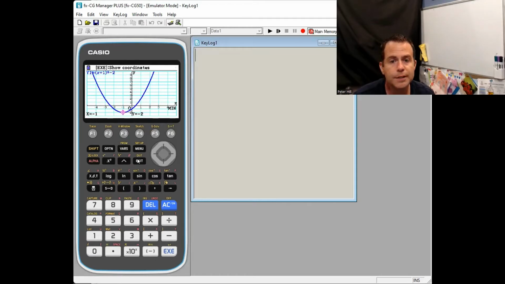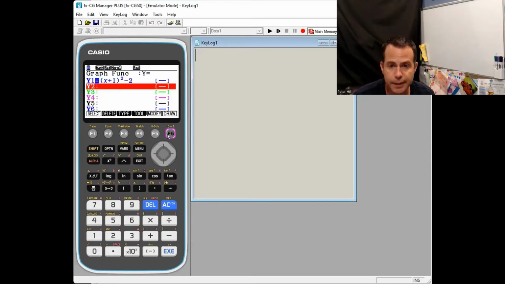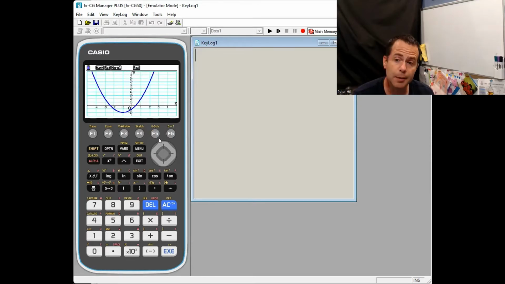For TI, you're going to go second trace and then minimum, second trace min. And then what's going to happen is you're going to see your cursor somewhere, and it's probably going to be blinking. And on the right around here is going to say left bound. What that means is you just want to bring your cursor, using the right or left button, until your cursor is somewhere left of the hump that you're looking for, and hit enter.